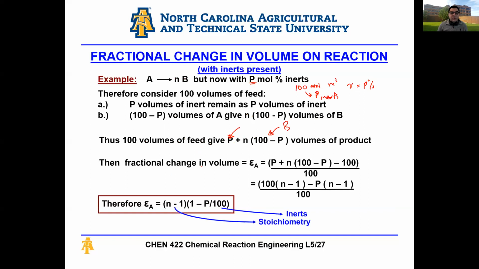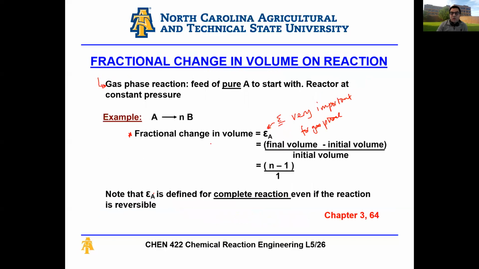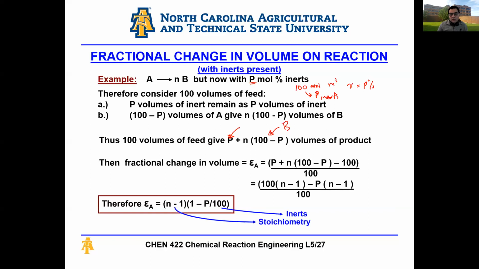If you calculate the fractional change, if I remember, we call it final volume minus initial volume over initial volume. So I put in my final volume here, minus initial volume, over initial volume.